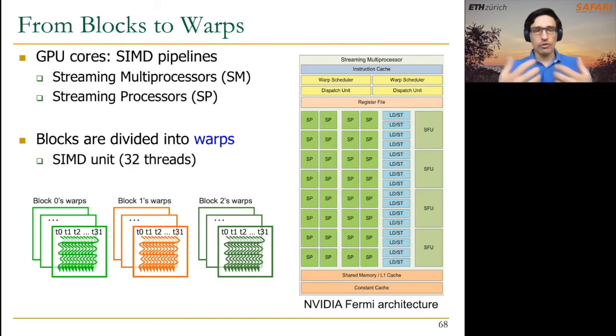So as you see, from the programmer's perspective, we don't need to understand what's a warp. We can use blocks. The size of these blocks is flexible. It's the hardware that is responsible for dividing the blocks into warps and executing the instructions for these warps.